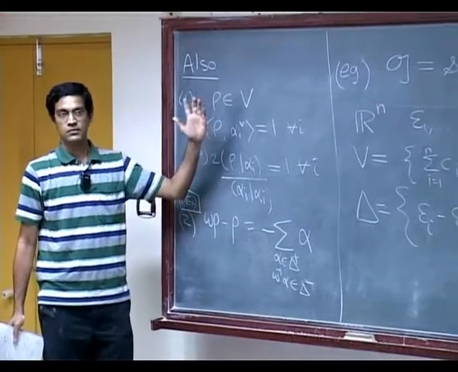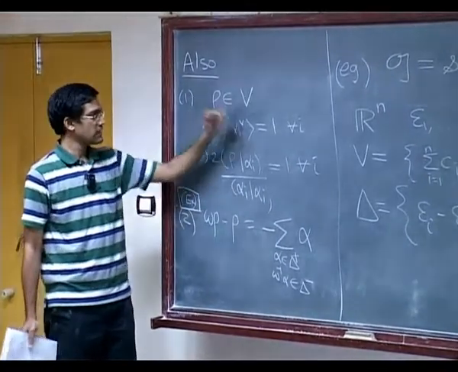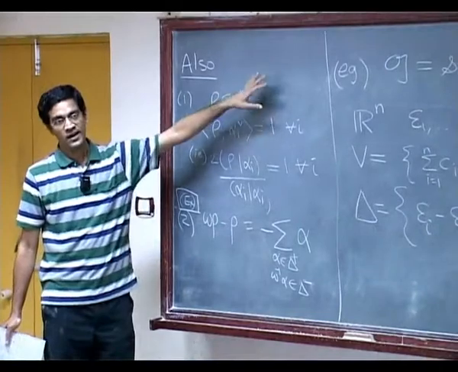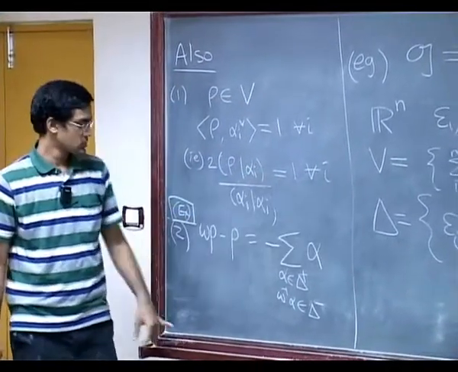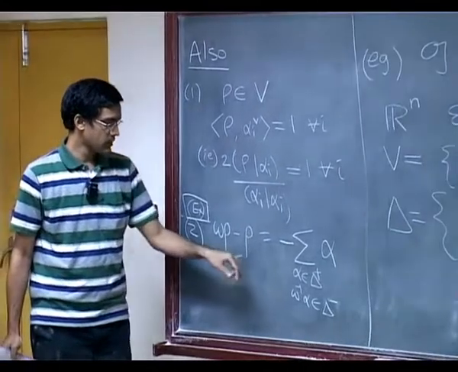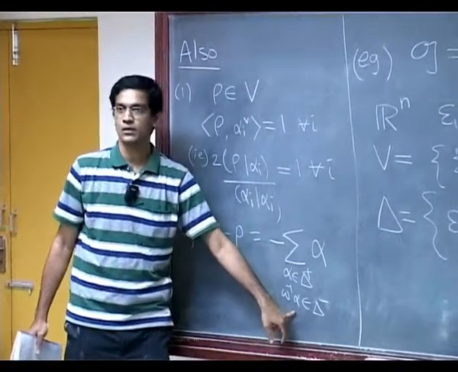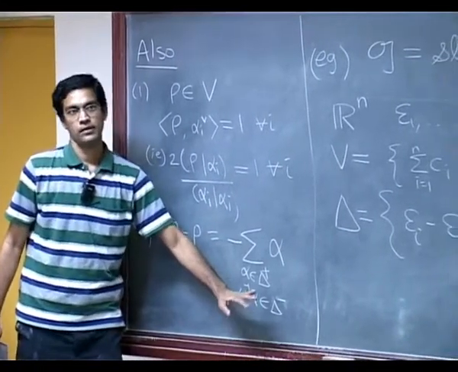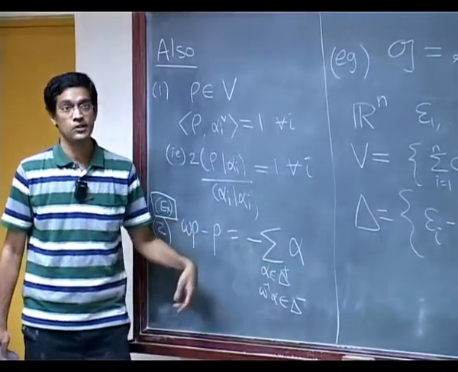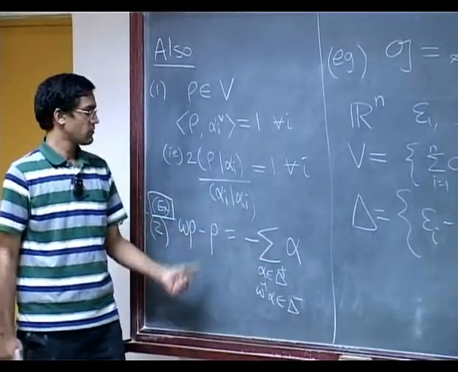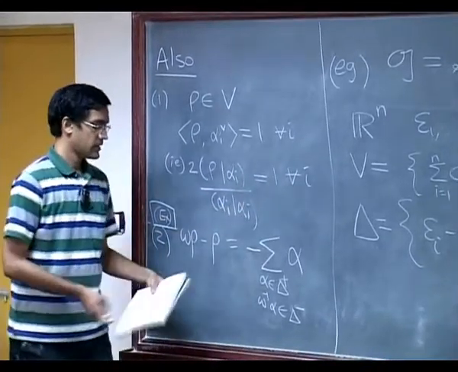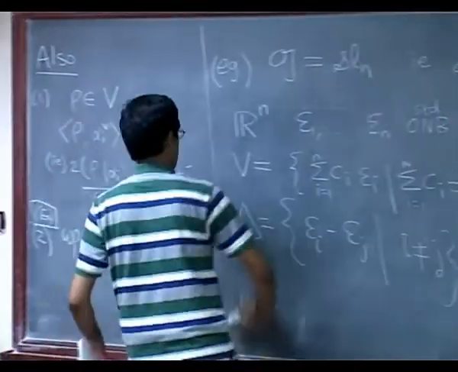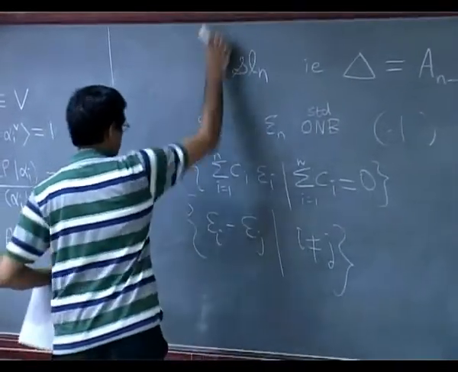If rho is any vector, even in R^n in this case, which satisfies this property for all the simple roots, then if you compute W rho minus rho, it will always turn out to be this thing. Okay, that's the key thing. And here the only property you use is the fact that it has inner product 1 for all the simple roots. And it does not use the fact that it's half the sum of the positive roots or that it belongs to V and so on.